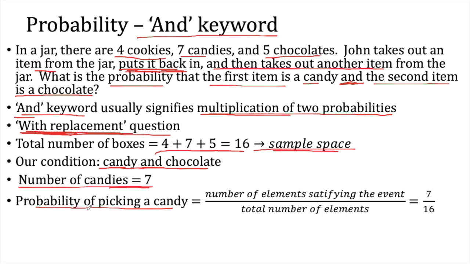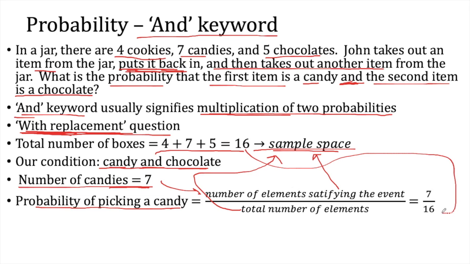For a candy, we can say the probability is the number of elements from the sample space satisfying the event, divided by the total number of elements in our sample space. The number of elements satisfying the event is 7, and the total number of elements is 16.